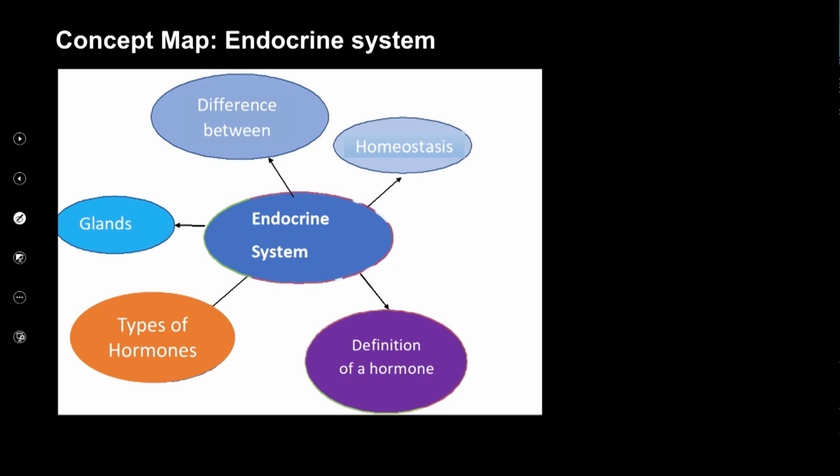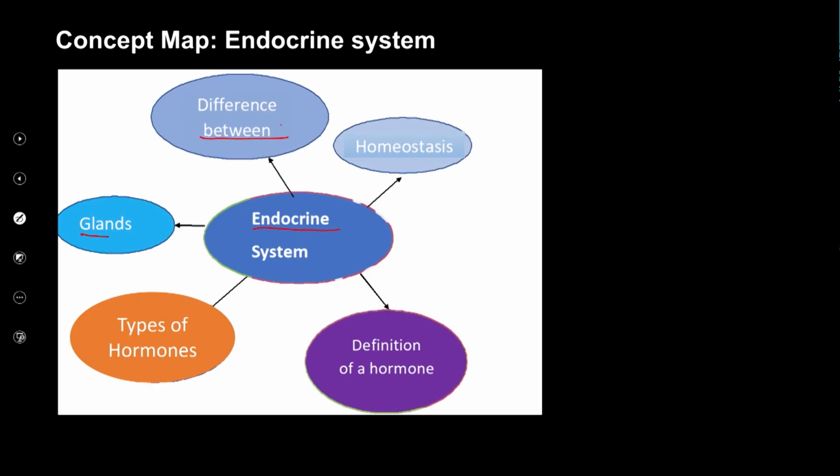We've got the concept map here that outlines exactly what we're going to deal with when we're dealing with the endocrine system. We're going to look at the differences between the endocrine system, and we're still going to put in the exocrine system so that you can be able to differentiate between the two. And then what else are we going to look at?